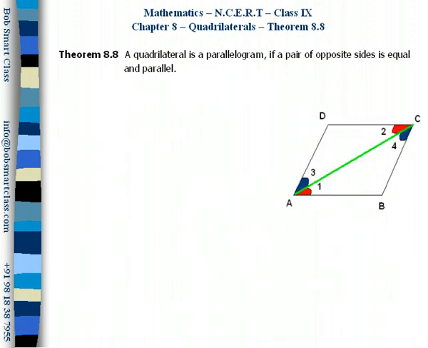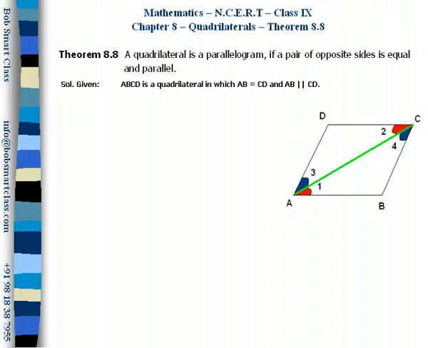Next theorem is 8.8. A quadrilateral is a parallelogram if a pair of opposite sides is equal and parallel. Solution. Given: we have a quadrilateral ABCD in which AB is equal to CD and AB is parallel to CD.